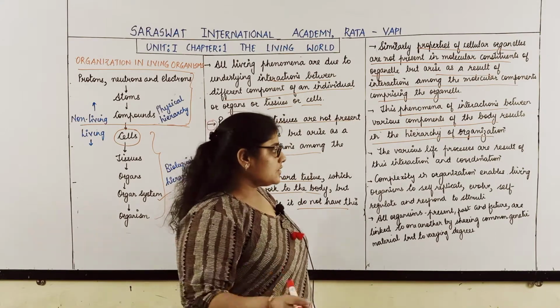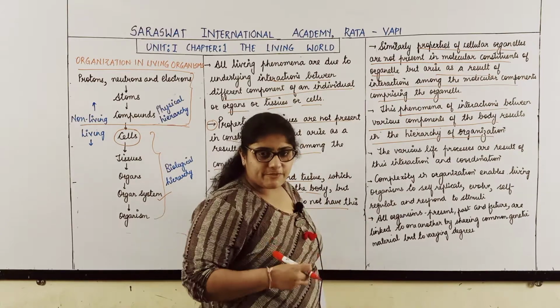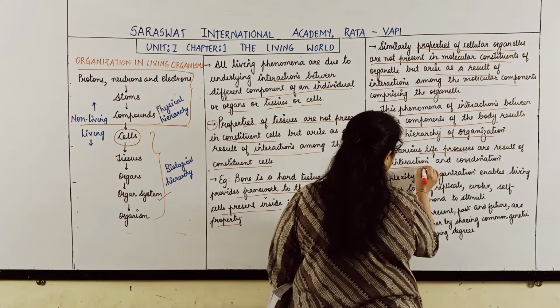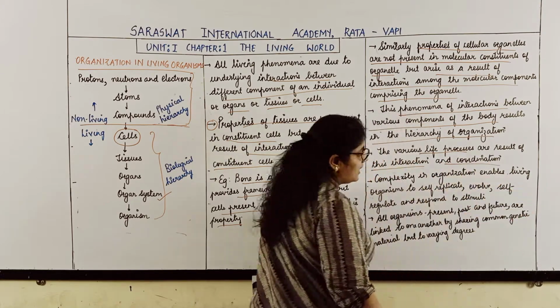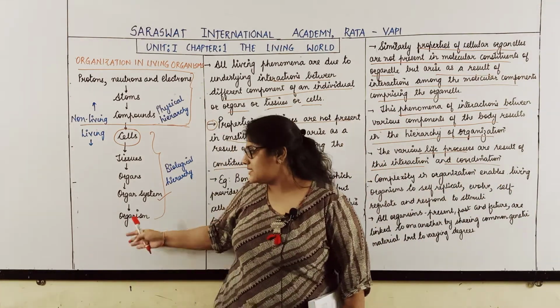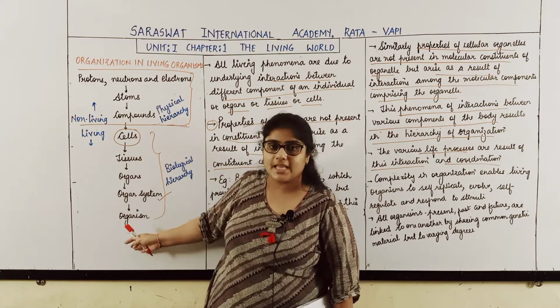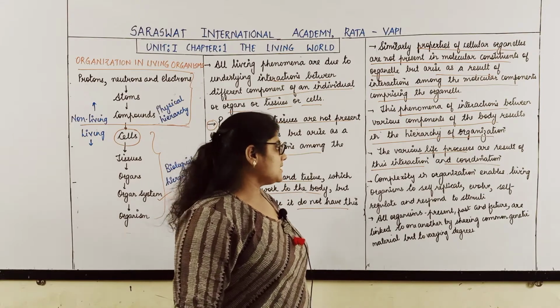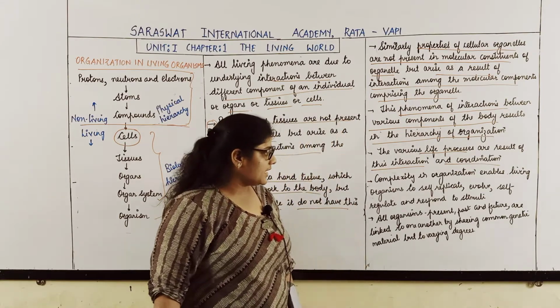Students, whatever life processes are taking place are basically the result of this interaction and coordination. As these interactions take place, they bring about the various life processes in living organisms.